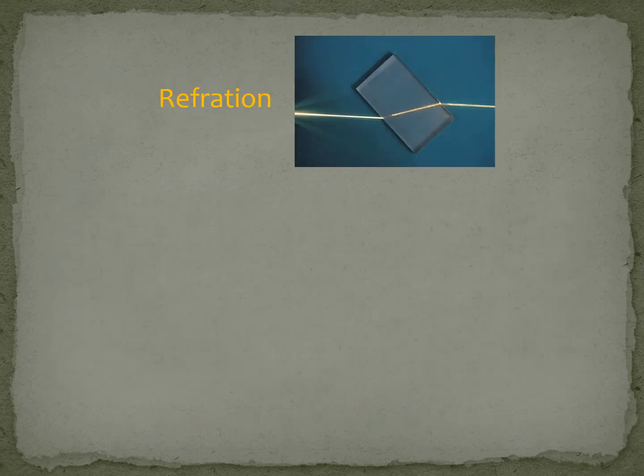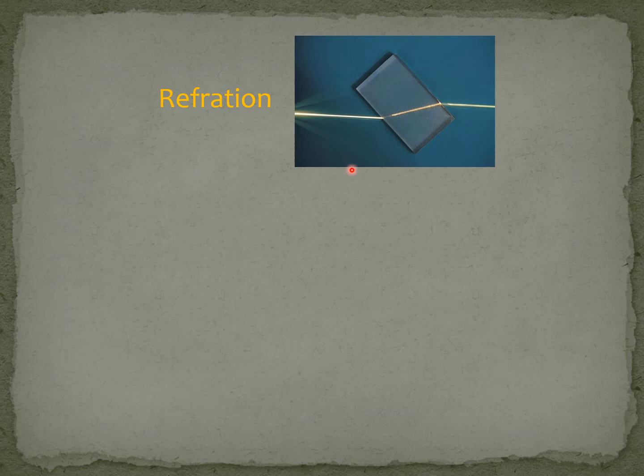As we spoke before, refraction of light is the change in direction that light suffers when it changes from one medium to another medium where its speed is different. So, traveling through air, then through glass, and then through air again, every time there's a frontier between two mediums, the light changes its direction.